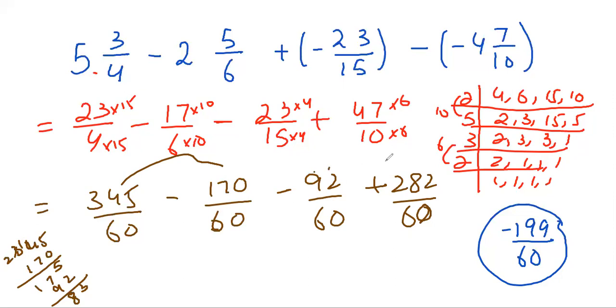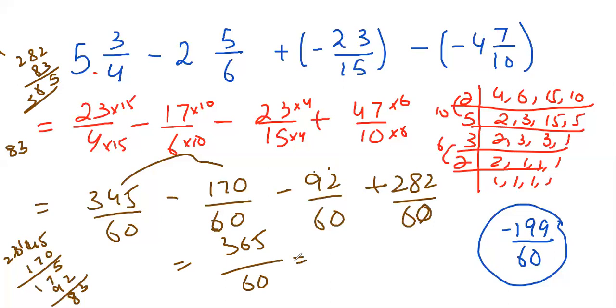So 83 plus 282, you get 365, Sherbano. 365 divided by 60 is what you get. And now you need to do the simplifications. For simplification, 5 times 1 is 5, 5 times 2 is 10, 5 times 7 is 35, 5 times 3 is 15.